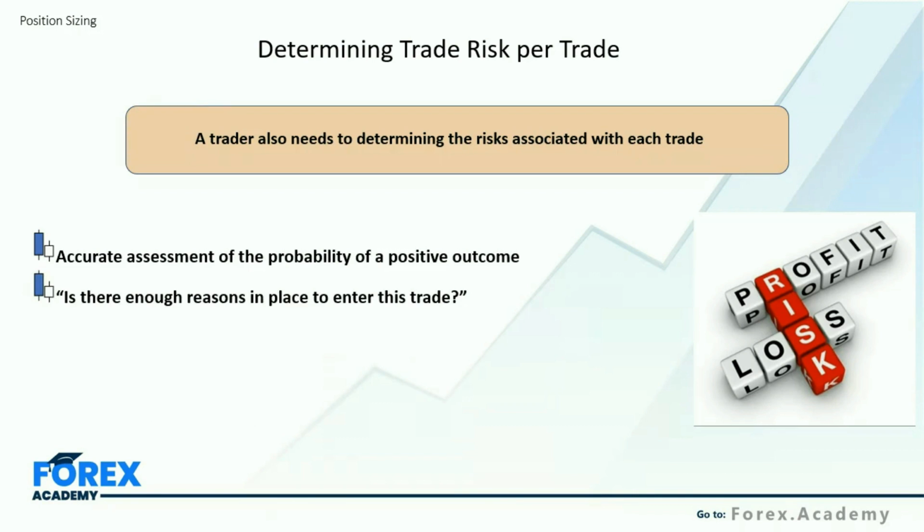You just need to ask yourself, are there enough reasons in place to enter this particular trade? That's an independent assessment. Hopefully, the more objective you can be in that assessment, the more consistently profitable you are very likely to become. So it's really stacking the odds in your favor, making sure that you possess a number of very significant reasons to get into that trade. Some would be slightly higher probability than others, and it's a case of gauging that probability for a positive outcome.